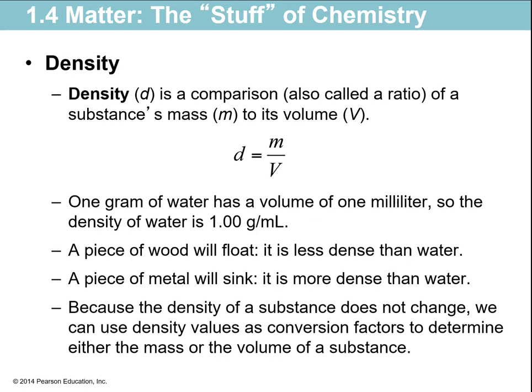If I had any element on the periodic table, like aluminum, whether I had a big pile or a little piece, it would have the same density because the amount of its substance divided by the volume it takes up ends up being a constant number. So density is always going to be mass divided by volume.